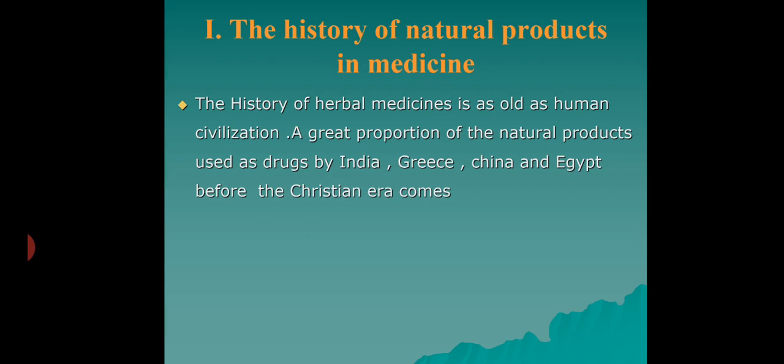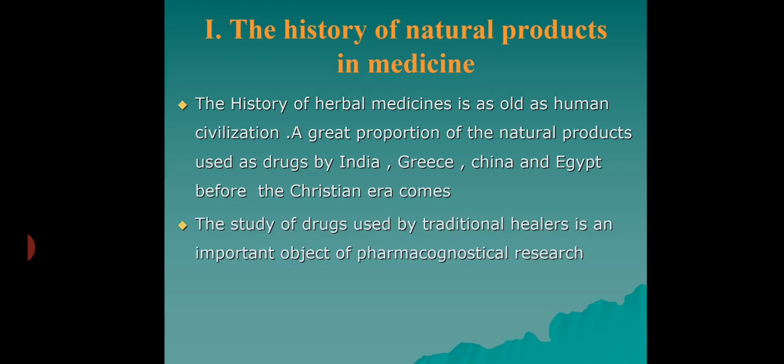So the major contributions and knowledge were disseminated from India, Greece, China, and Egypt before the Christian era. It means no European country contribution, no other Western developed country contributions.